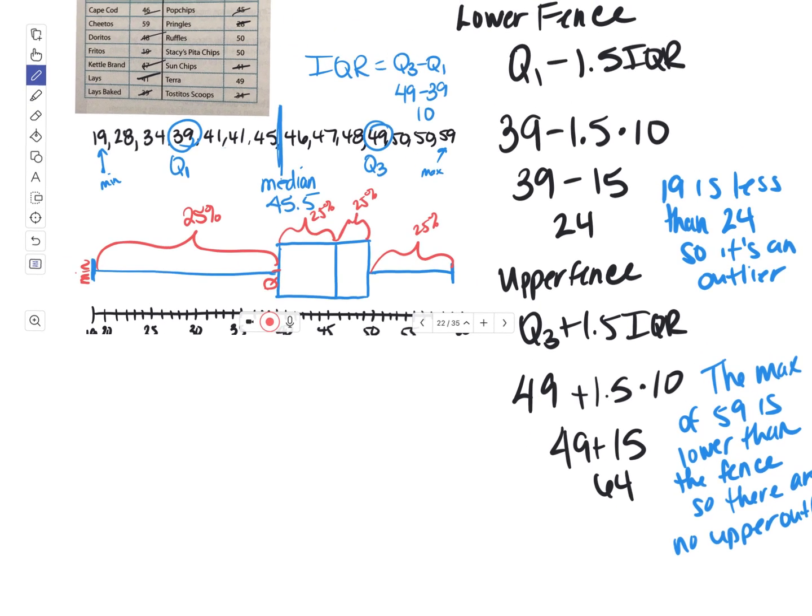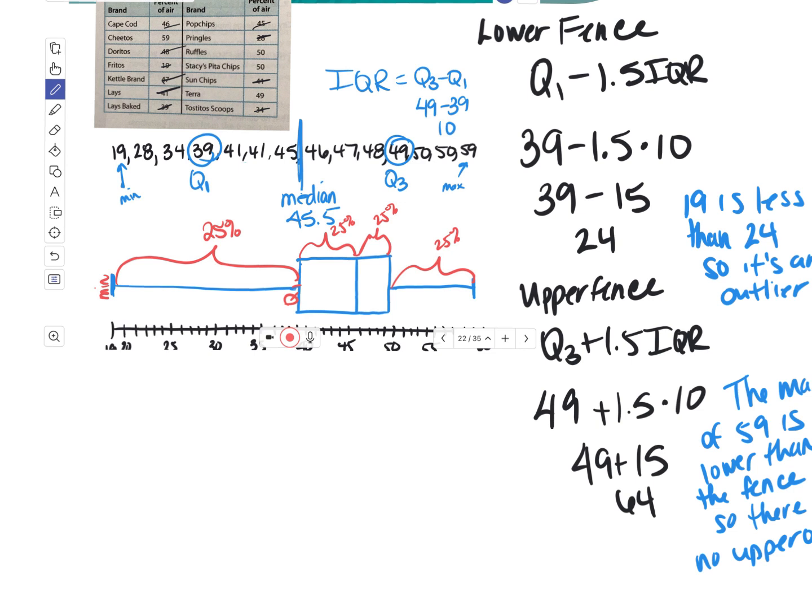Okay. So it's like there's imaginary fences here at 24 and 64. Anything outside those imaginary fences is an outlier. So we can see that the 19 falls outside that.